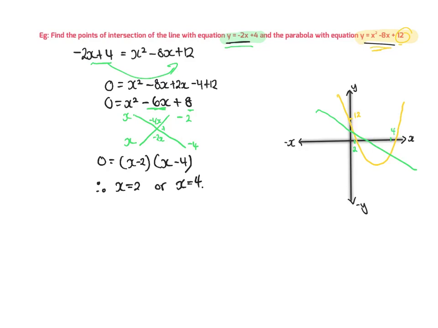Because we need to know the points, we know the x value is 4, but we need the y value. You can use any of the equations to sub in, so we're going to sub this into an equation to get the y value.